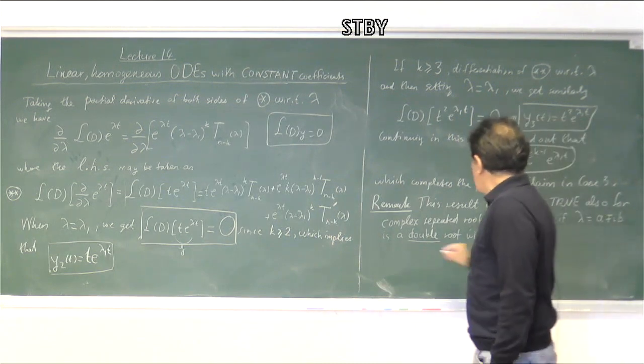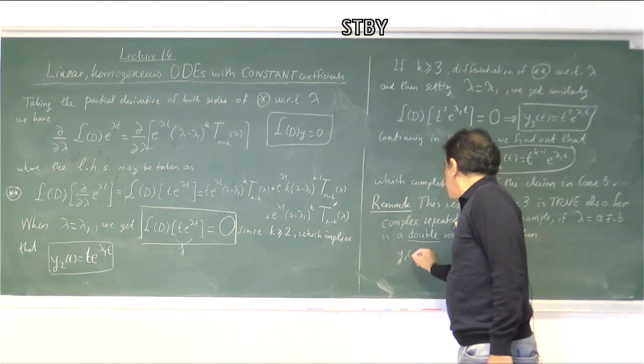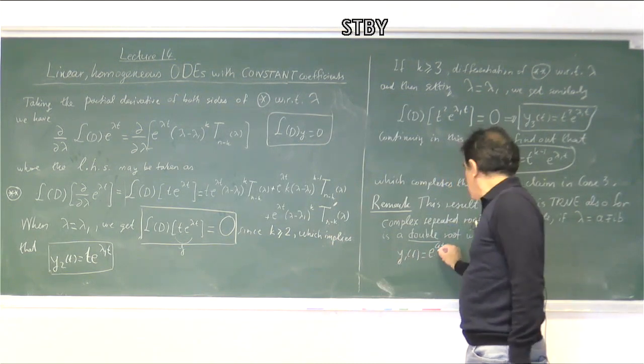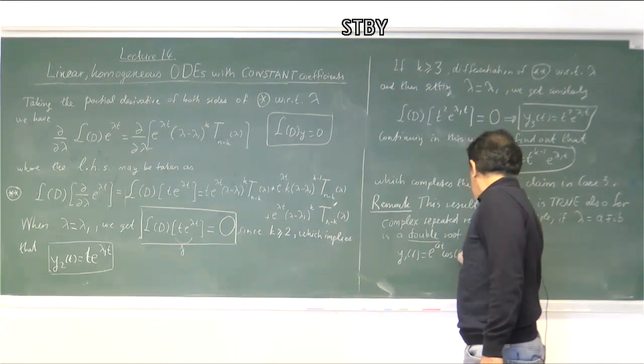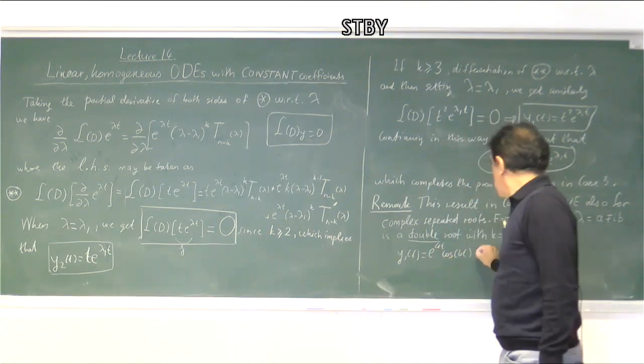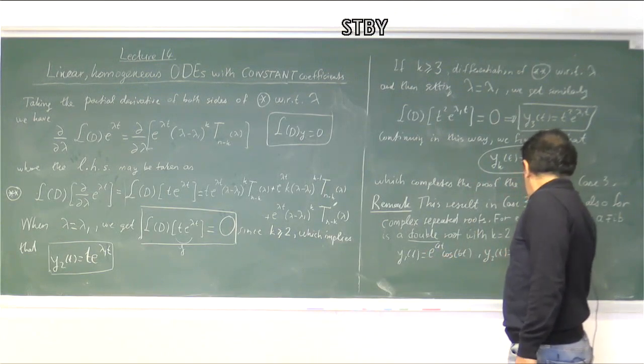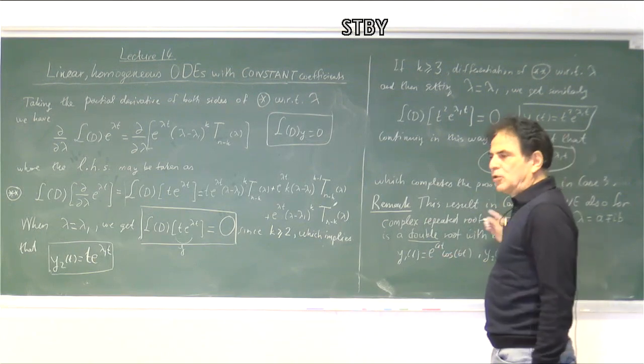Good? Then y1 of t, what we know is that e to power at cos bt is a solution.